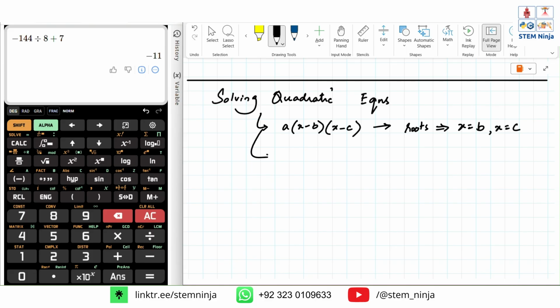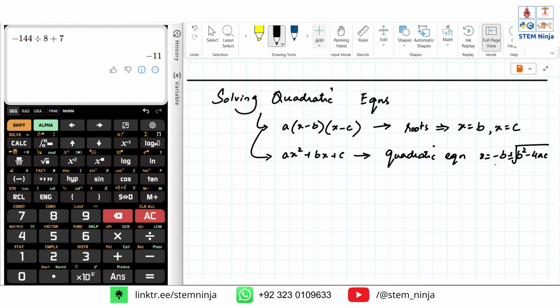We also have the ax squared plus bx plus c form, which I will come back to in a second. There are two further ways to find the roots. One is the quadratic formula, x equals minus b plus or minus the square root of b squared minus 4ac, over 2a.